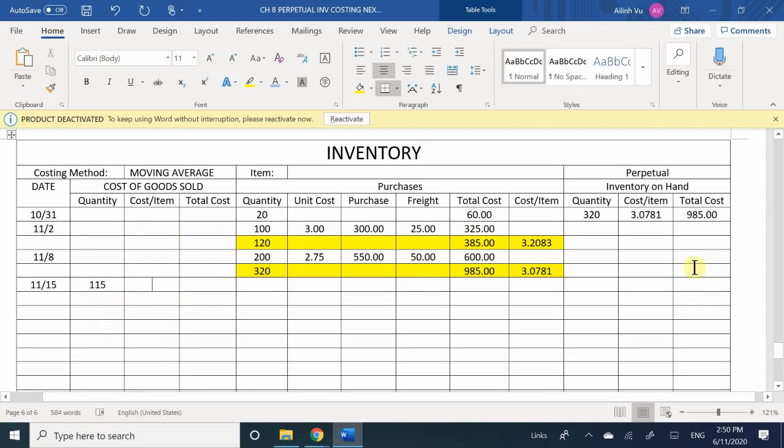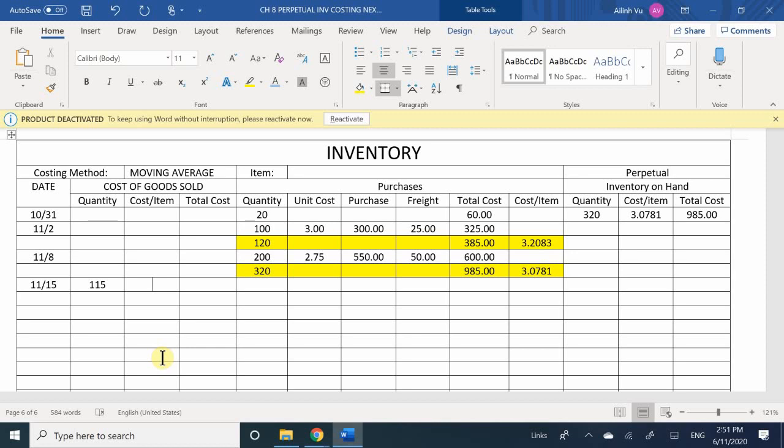And how much is this batch going to cost me? $353.98.